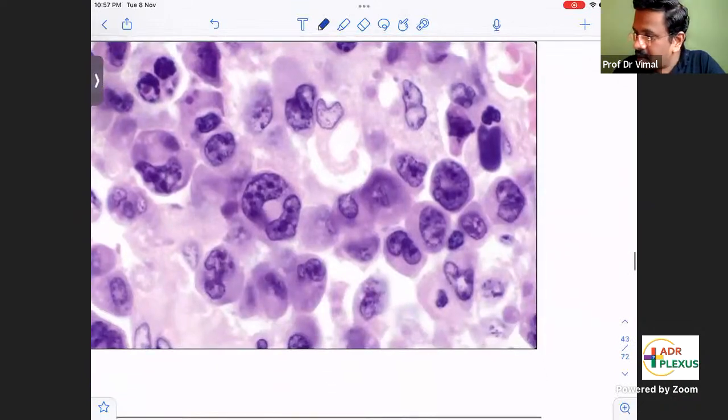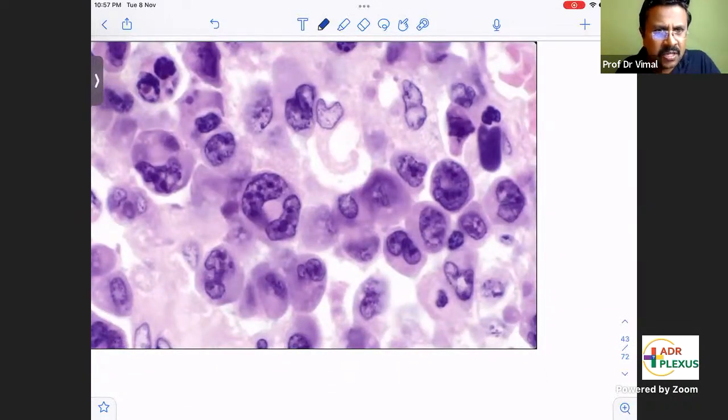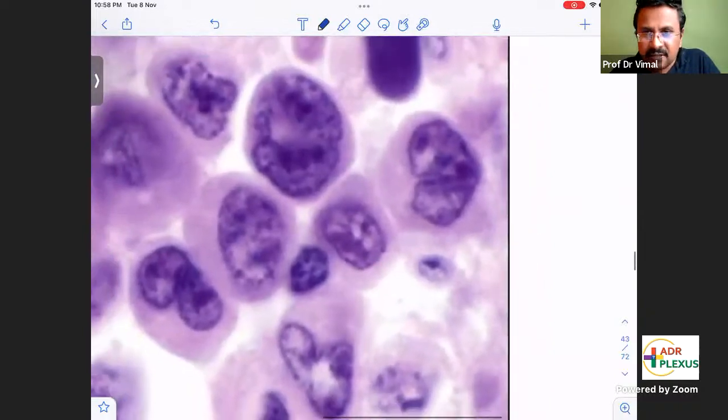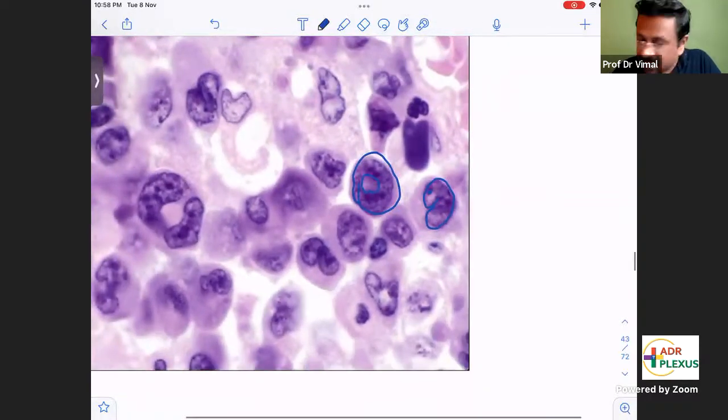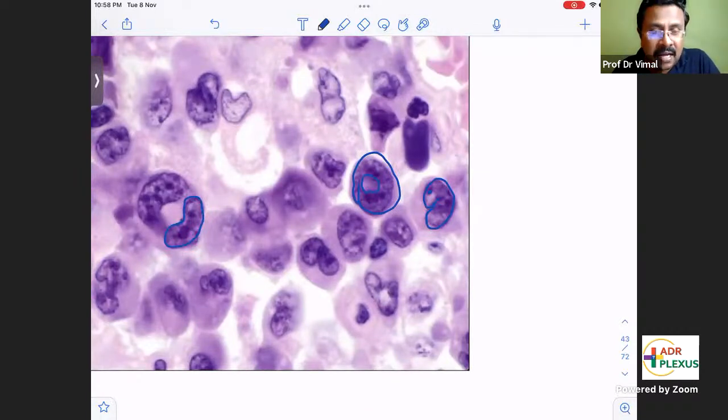If you see such cells in your biopsy, in a histopathological image, can you identify them? These are called embryo cells. See, this looks like an embryo. And this is a donut cell. Embryo cell, donut cell, reniform cell, horseshoe-shaped cell. Which condition?